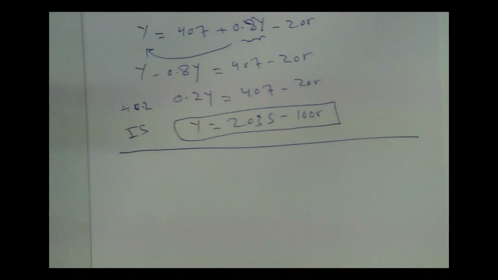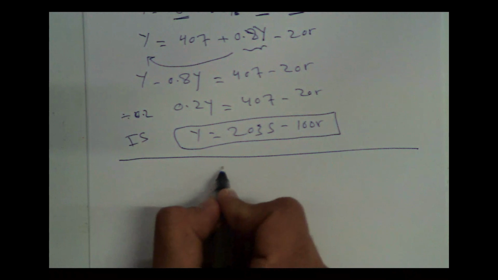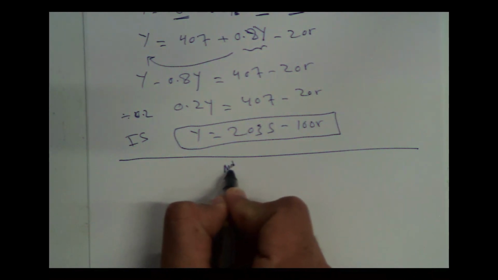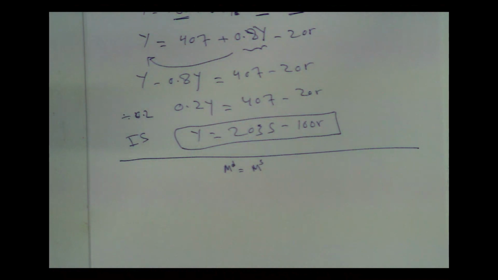Okay, so what I need to do next is find the equilibrium in the money market. In the money market, we know that equilibrium happens when the demand for money equals the money supply. We know all the information about this.